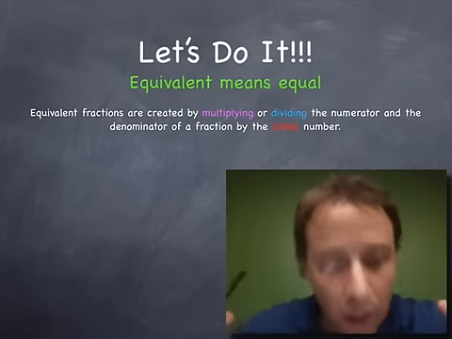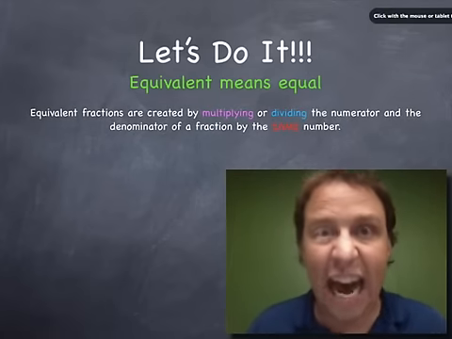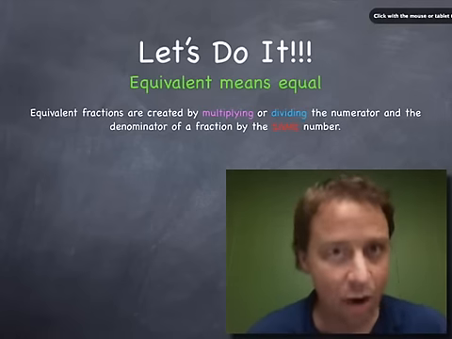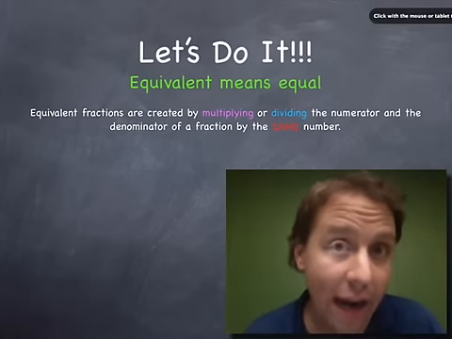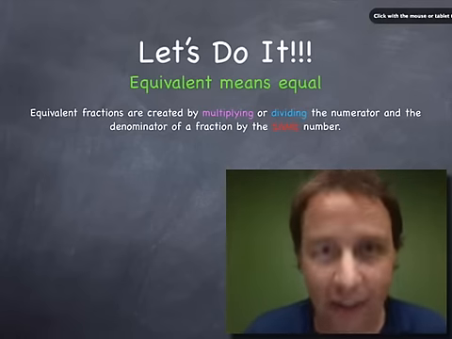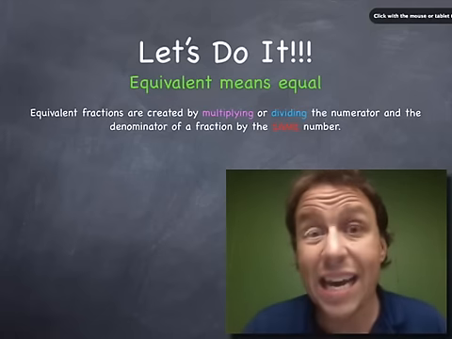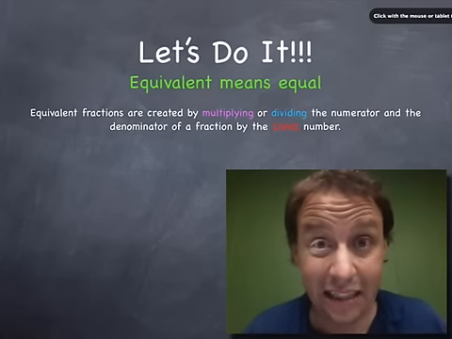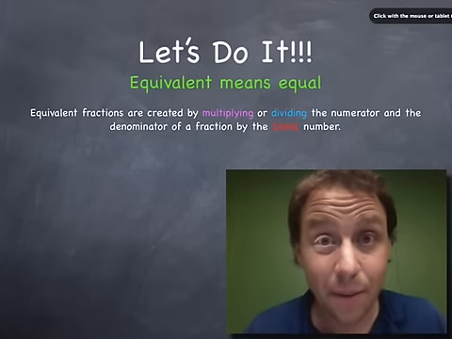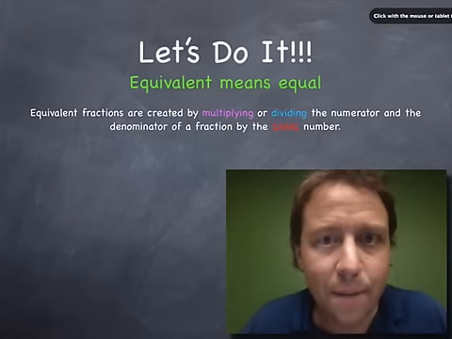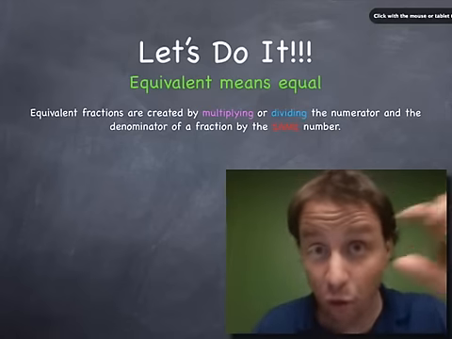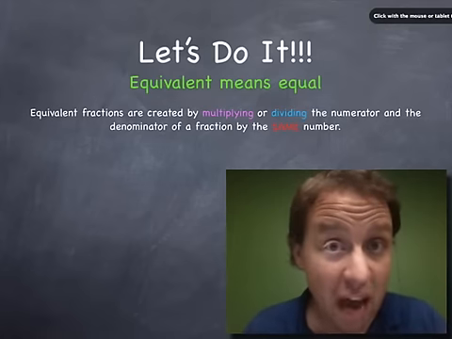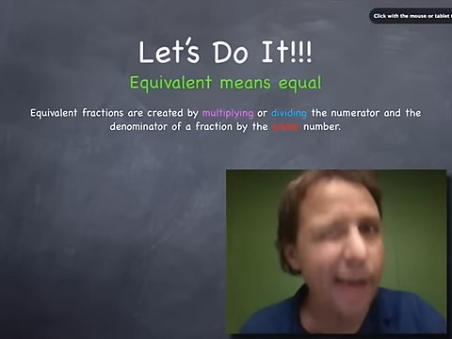Okay, so let's get into the procedural side of finding or creating or showing equivalent fractions. How do we do it? Well, you take any old fraction, and really the procedural side of it, that means what you do in order to create it, you just multiply the numerator, that's the top number, and the denominator, the bottom number. If you don't know that, you're watching the wrong video.